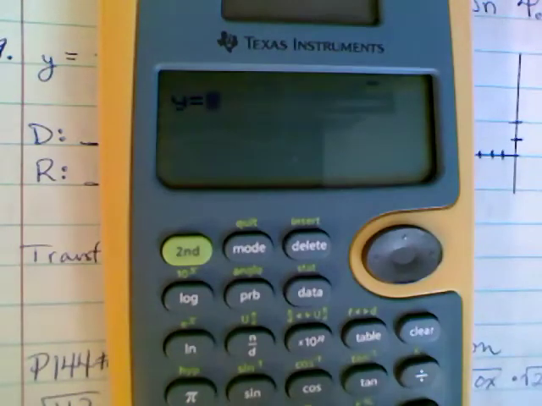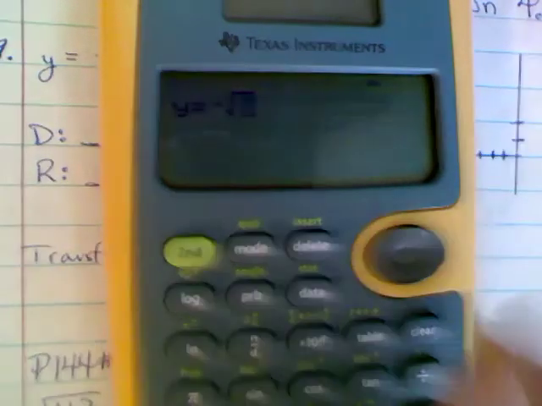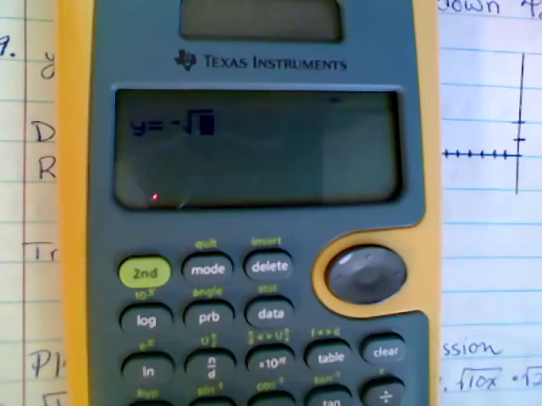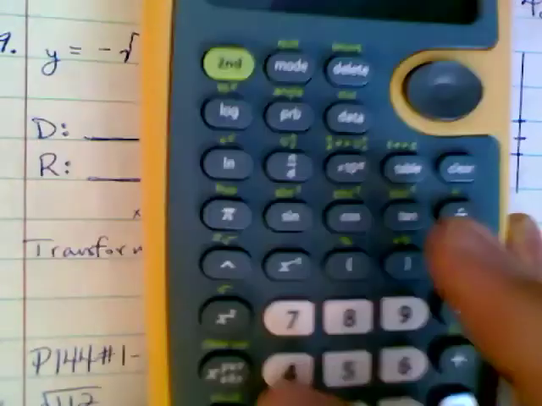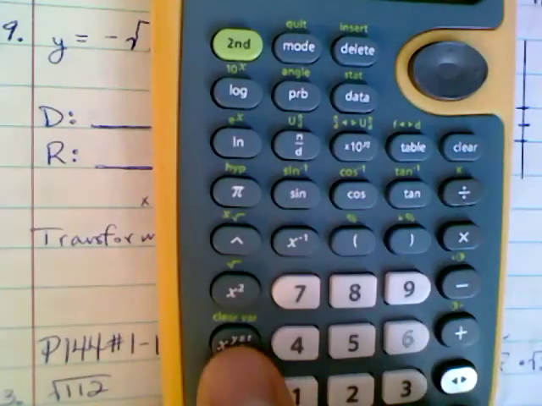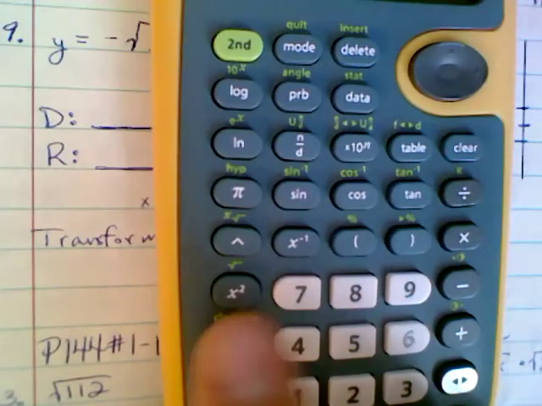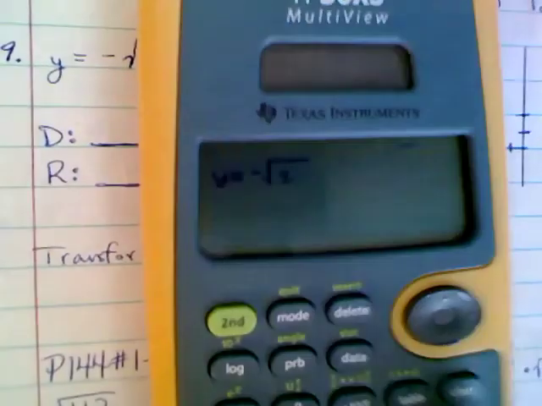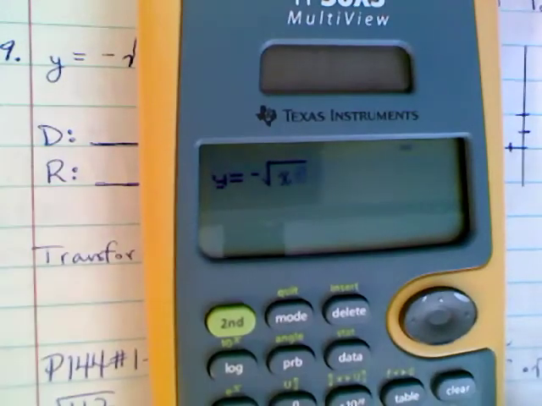And then enter in the function negative square root of x plus 6. The variables on this calculator are down here on the bottom left. Push that, that's your x, plus 6.